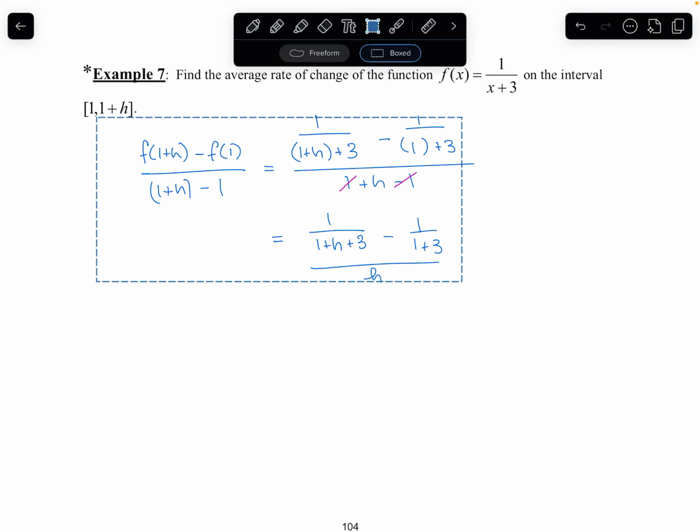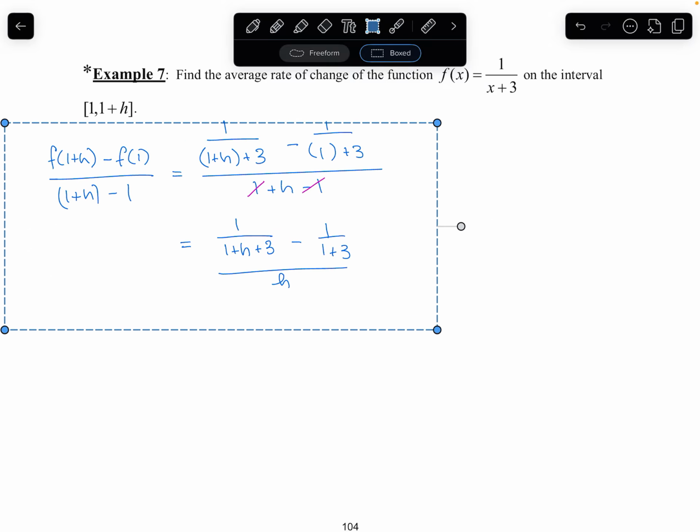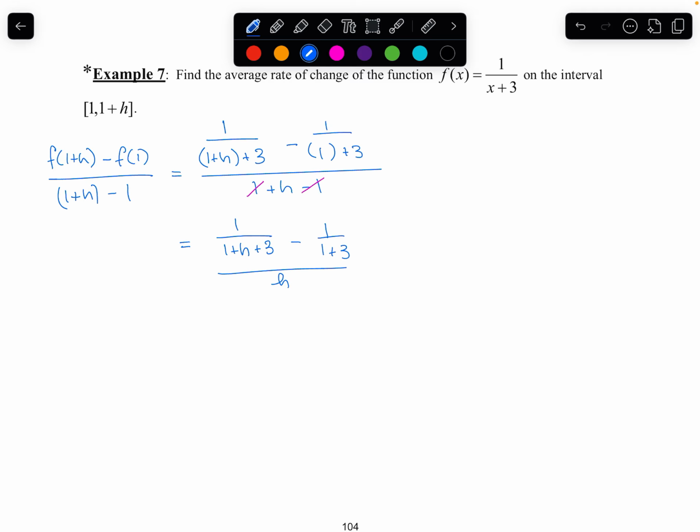So now I'm going to shift this to the side because I have a feeling I'm going to need more space. Anyways, what we're going to see here now is I'm going to gather together 1 and 3. So I'm going to have, and then on this other side, 1 plus 3. So I'm going to have 1 over 4 plus h minus 1 over 4 all over h.